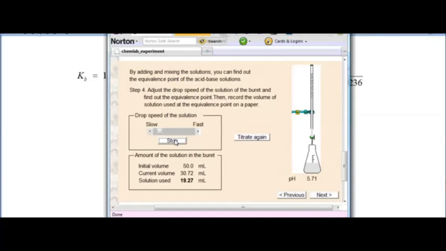So we'll continue on, and shortly you're going to start to notice the pH is going to start to change a little more quickly. Okay, almost to 20 here.